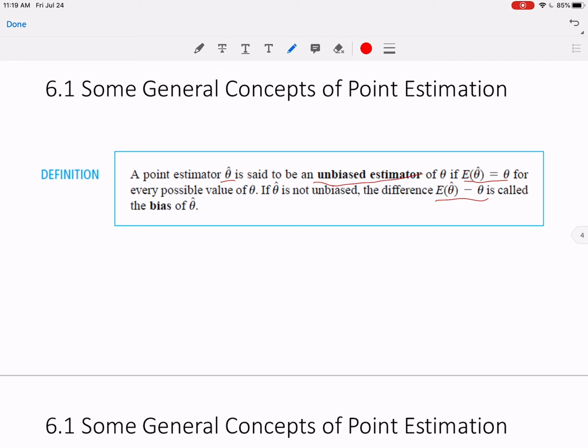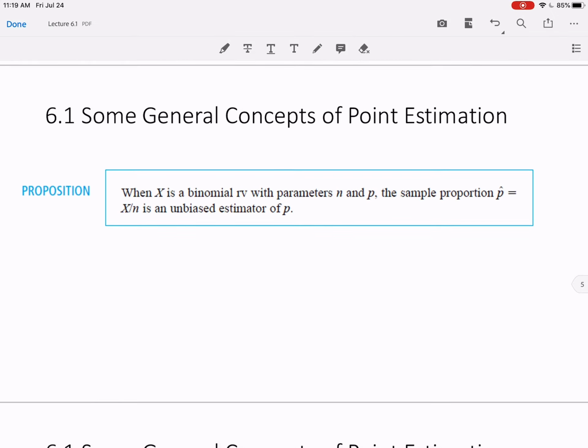So basically, if you want to identify if the point estimator is biased or unbiased, you just need to find the expected value of the point estimator and see if the expected value is equal to the value of the parameter or not. If they're equal, then this point estimator is unbiased. If they're not equal, then this point estimator is biased.